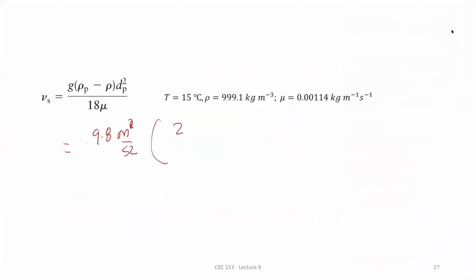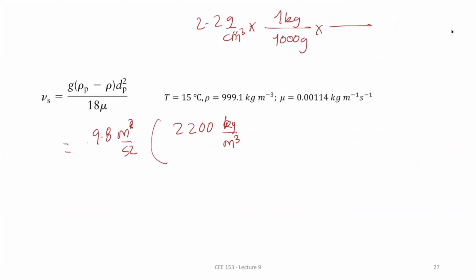If you convert that, 2.2 gram per centimeter cube, you change 1000 gram is 1 kg, and 100 centimeter is 1 meter. When you do this one, it all comes to 2200 kg per meter cube.